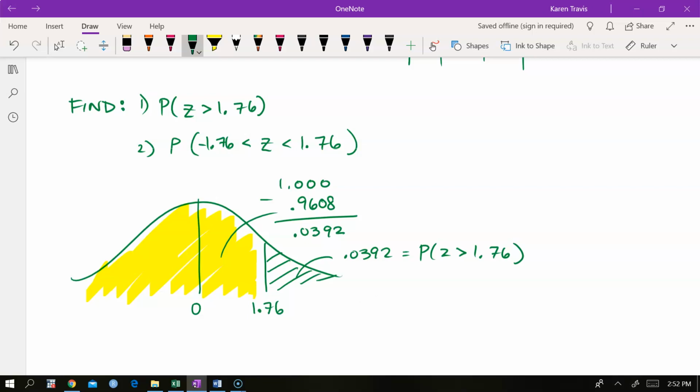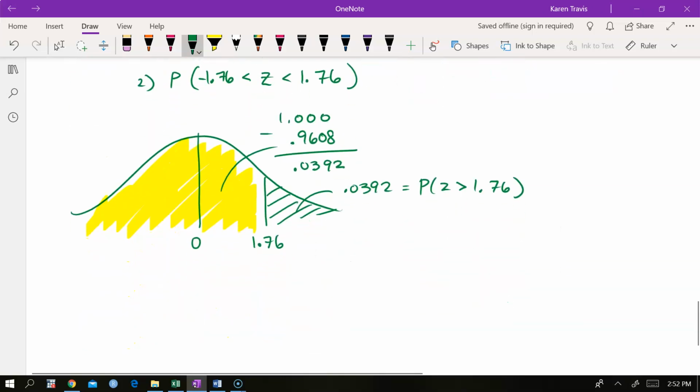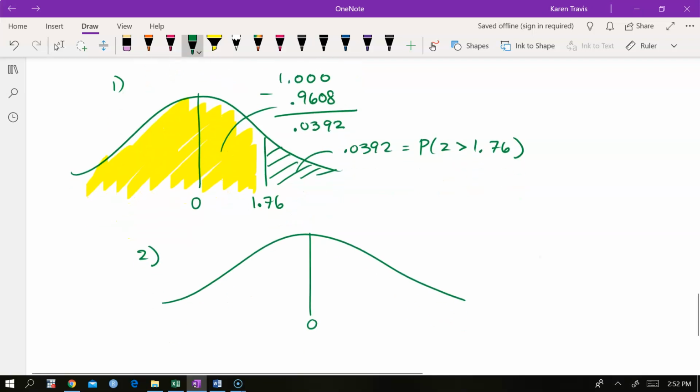Now to look at the next one. One thing we need to think about with the normal distribution is both sides are exactly 50%. And that means both sides work exactly the same. So they're symmetric.